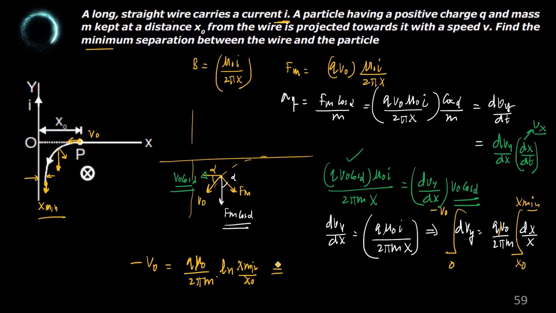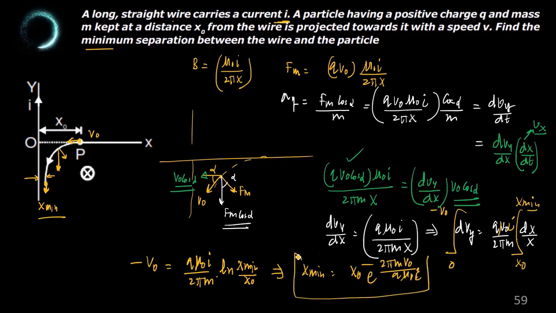So finally x minimum should be equal to x naught into e to the power minus 2 pi m v naught divided by q mu naught I. That is the final answer, the minimum separation between the particle and the infinitely long wire which is carrying the current.